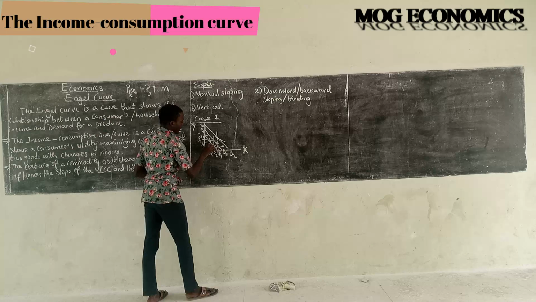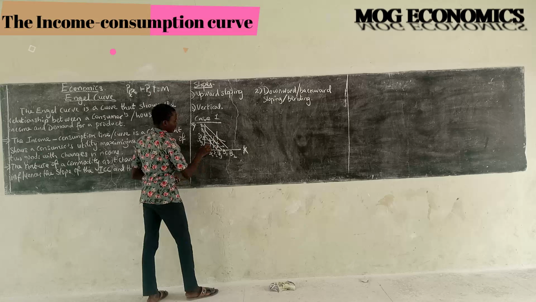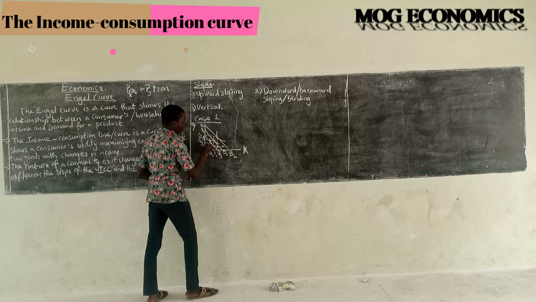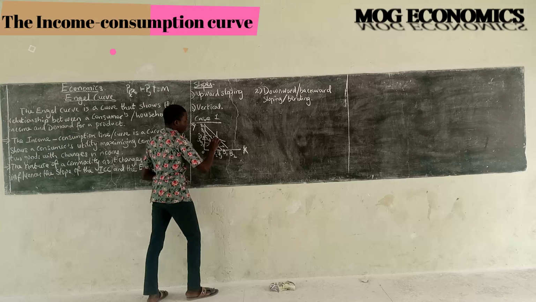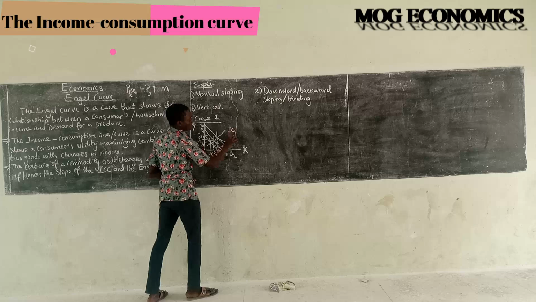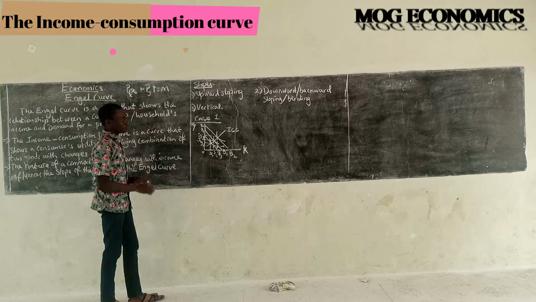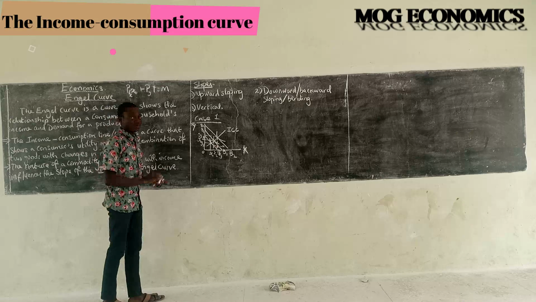So this is the first point, this is the second point, and this is the third point. What I have to do is draw a curve that connects all of these points, and this gives us our income consumption curve. This is the case where the two goods are normal goods.